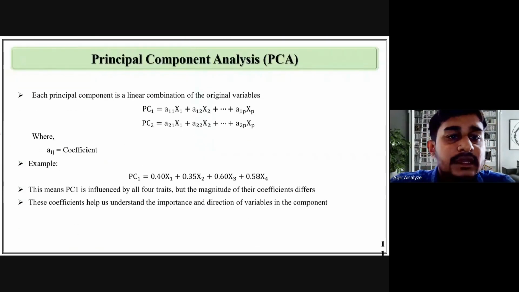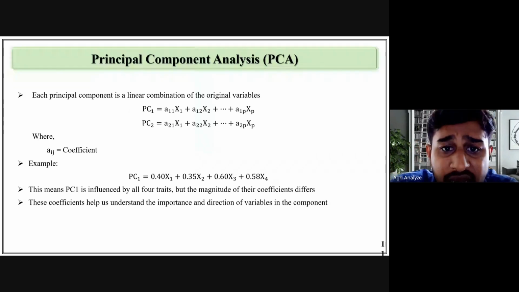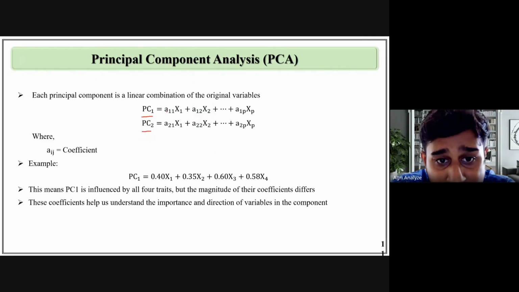Now, each principal component is a linear combination of original variables. I explained in our previous slides how it is a linear combination of original variables. Here we have two principal components, PC1 and PC2, just for example. So PC1 is equal to A11 x1, A12 x2 up to A1p xp, because we have p variables.